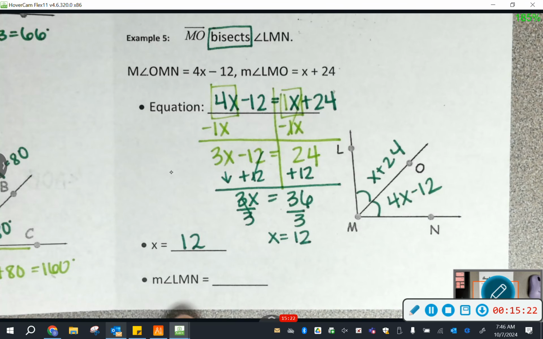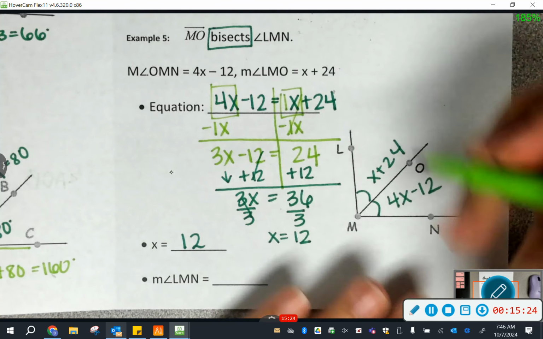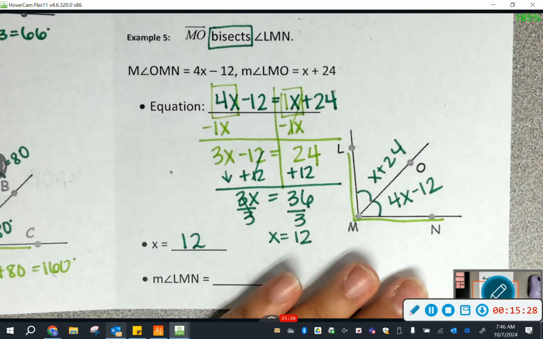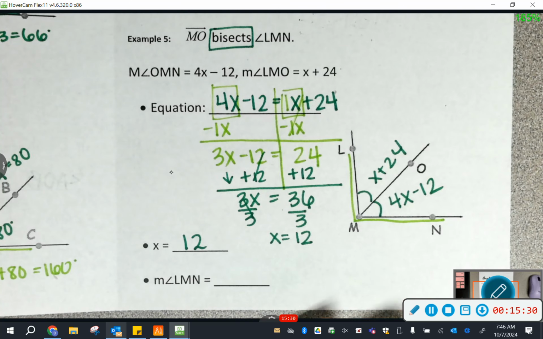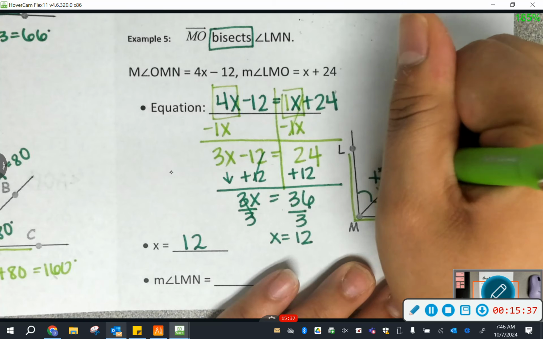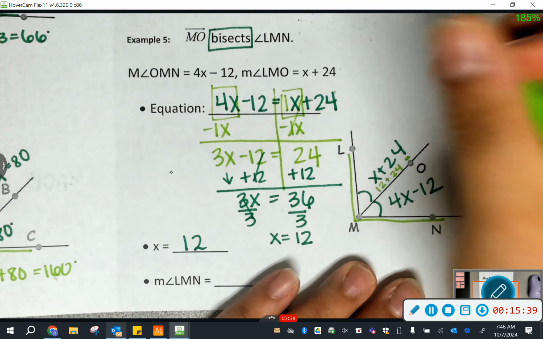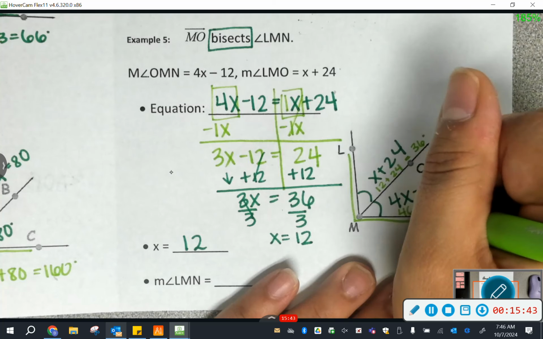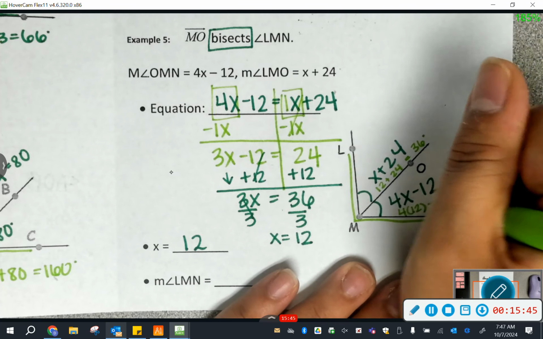This wants LMN. What's LMN? The whole thing. Well, I got to figure out what each one are first. What do I do to figure out each individual one? Plug in. What is 12 plus 24? 36. And let's make sure this one is too. What is 4 times 12 minus 12?